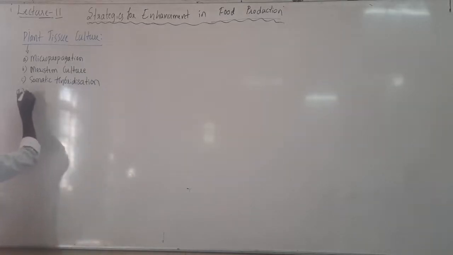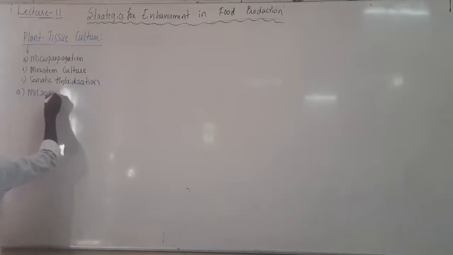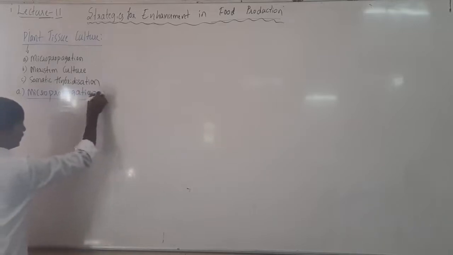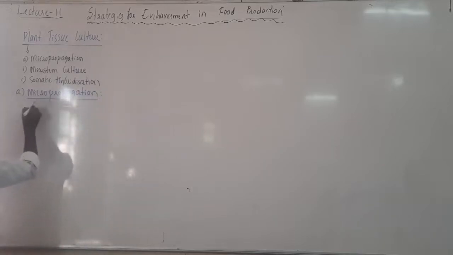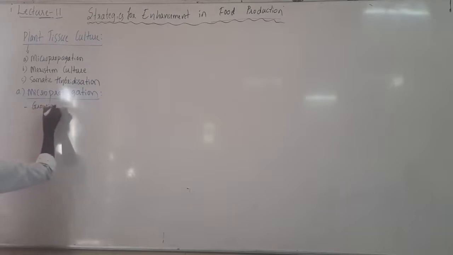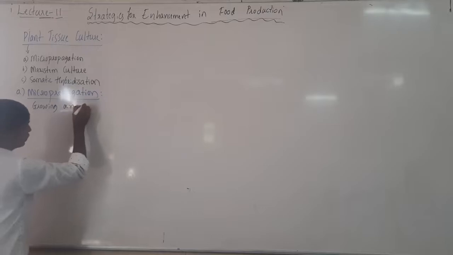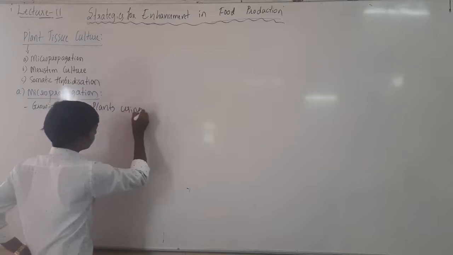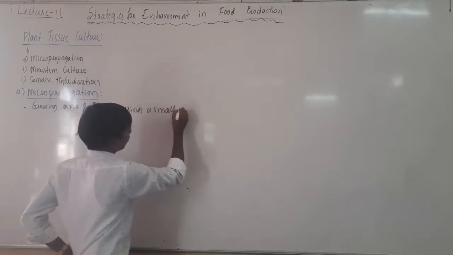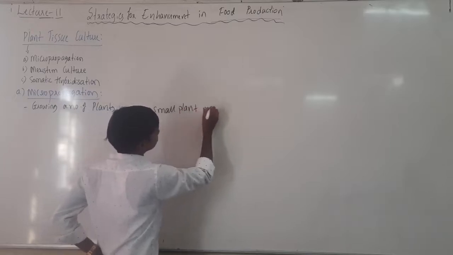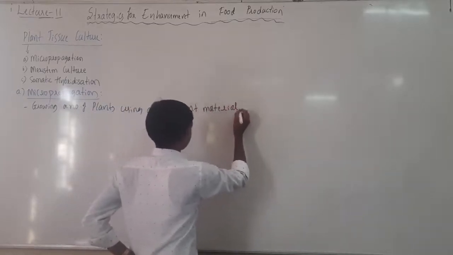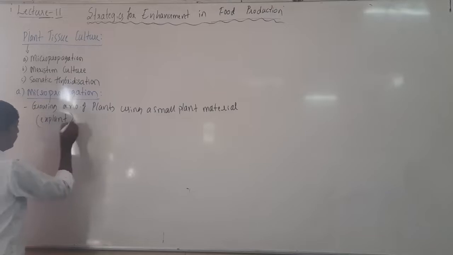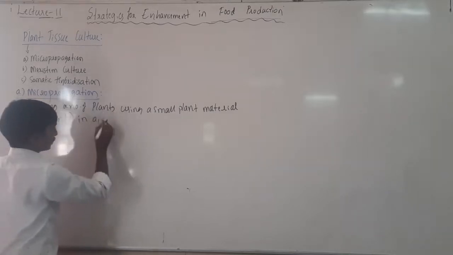First, micropropagation. It means growing a number of plants using a small plant material, that is what we call explant, in a short period of time.